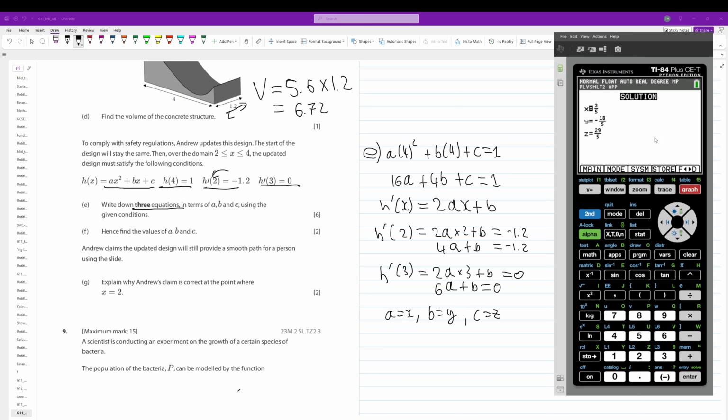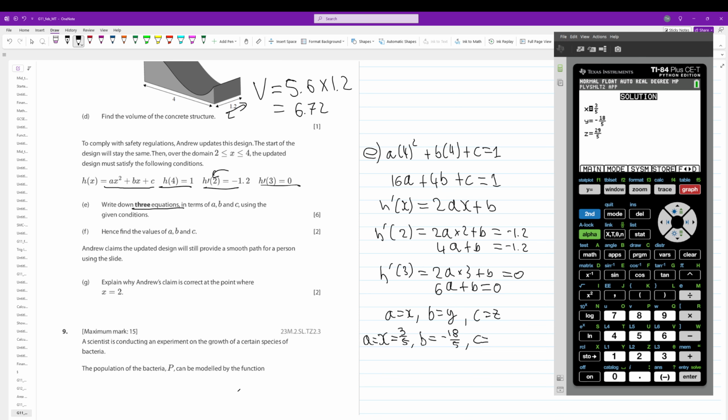Solve. Job done. So we've got X is 3 over 5. Y, which is A by the way. B is negative 18 out of 5.